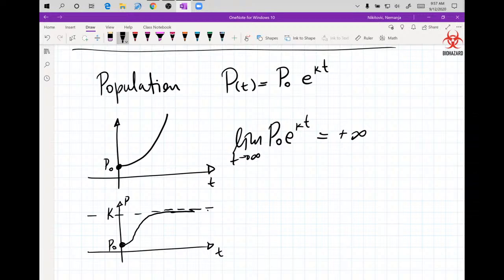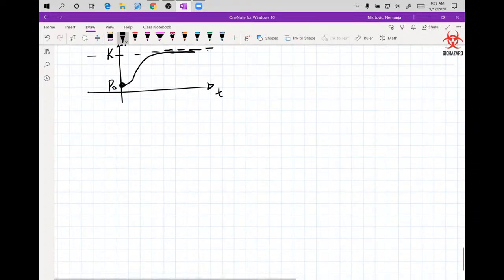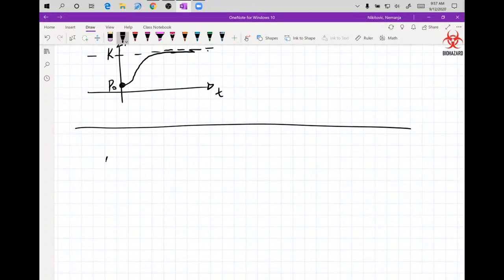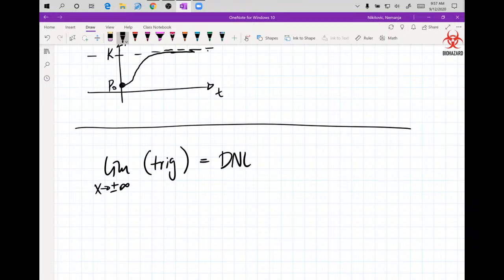So trig functions don't have a limit at infinity. So if you are doing this section 2.5 on trig functions, the limit does not exist. So we can also add that here. The limit as x goes to positive or negative infinity of a trig function equals does not exist.